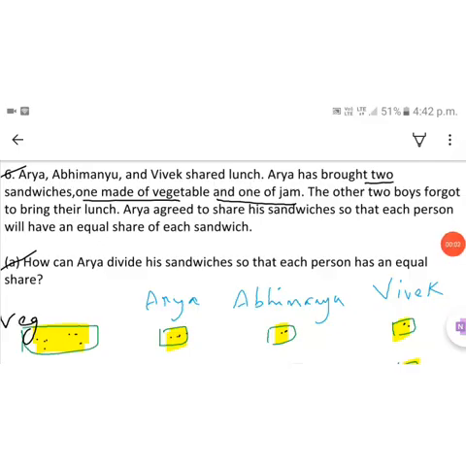Question number 6. Arya, Abhimanyu and Vivek shared lunch. Arya has brought 2 sandwiches, one made of vegetables and one of jam. The other 2 boys forgot to bring their lunch. Arya agreed to share his sandwiches so that each person will have an equal share of each sandwich. A part. How can Arya divide his sandwiches so that each person has an equal share?